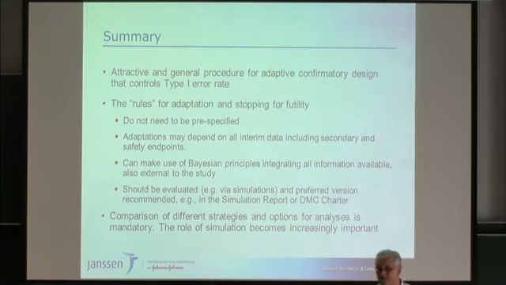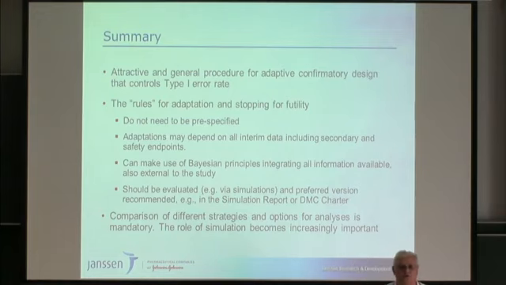The rules for adaptation and stopping for futility do not need to be pre-specified. Of course, if you want to stop for efficacy, you need to pre-specify, because then you touch the type 1 error, but otherwise you have a kind of freedom. You can make decisions on how to select, not only like I showed, the list, which was frequentist, but, to please Peter Muller, you can use a Bayesian selection rule if you want, because the theory will work anyway.